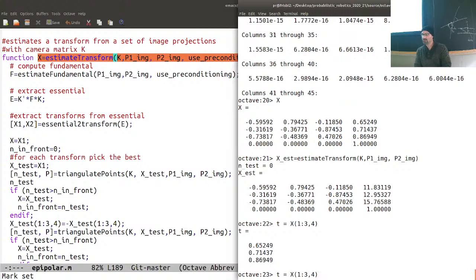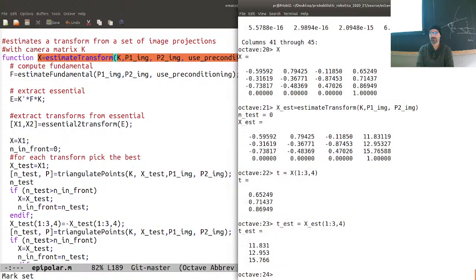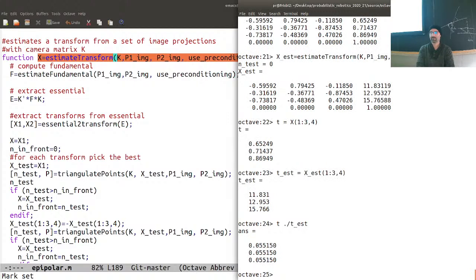And why did it pick me up the last? Because 1, 3, 4. Perfect. And test is equal to xest, right? So I can do t dot divided by test. They are proportional.